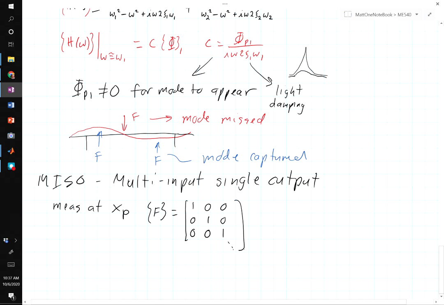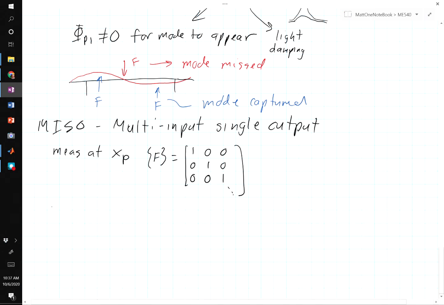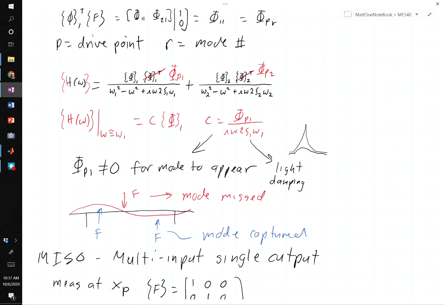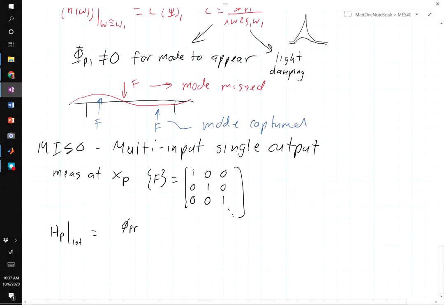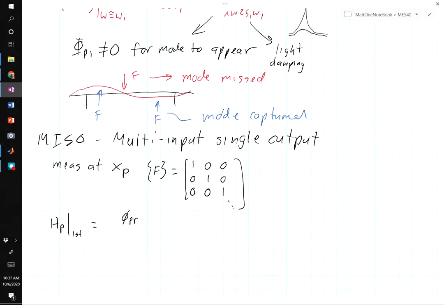So if we were to do this, we'd just get a single value of the transfer function. The first test would give us something with phi PR, because this is our response point. That's a scalar now, right? So we're getting only the first row of that matrix up there.